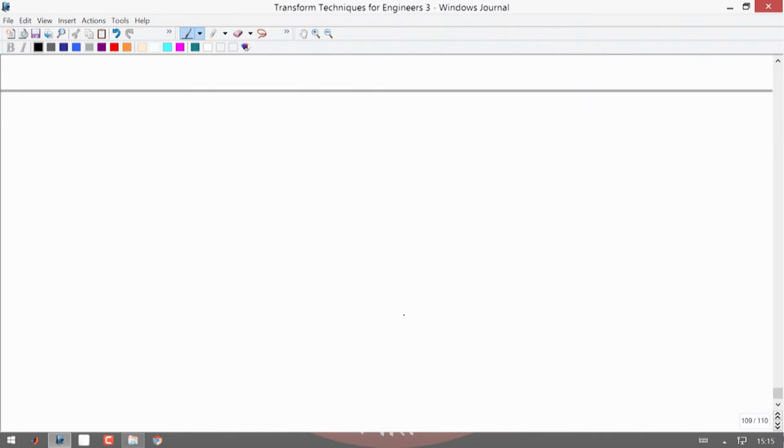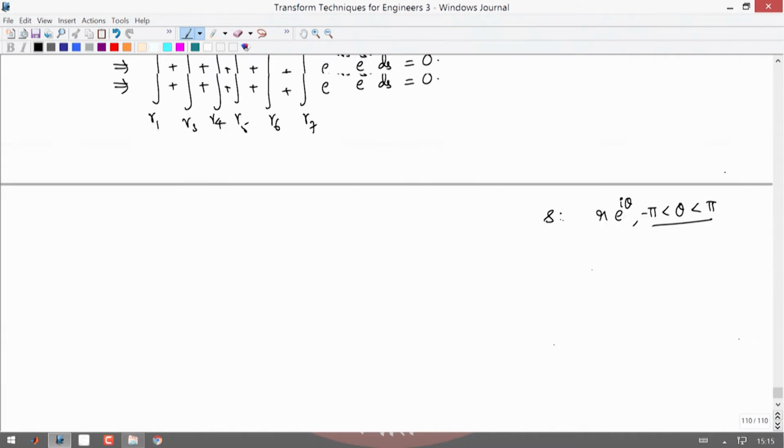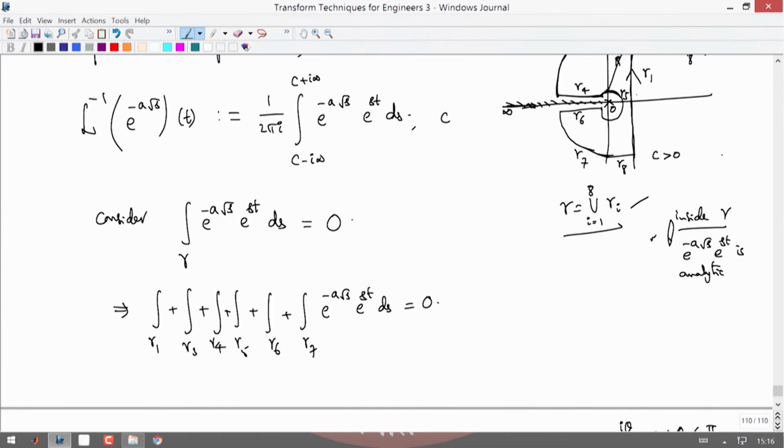First of all, once you make a cut in the complex plane s, in polar coordinates, this is r into e power I theta, where theta is between minus pi and pi. So, this is how you have it once you make the cut. This is theta equal to 0, and you come back here, that is pi, and you come back here, this is minus pi.